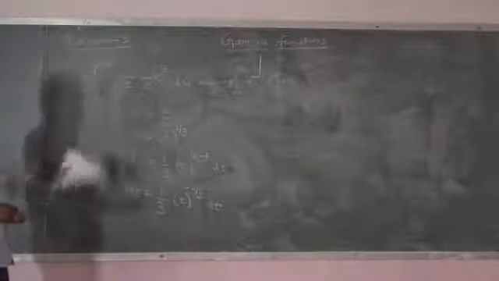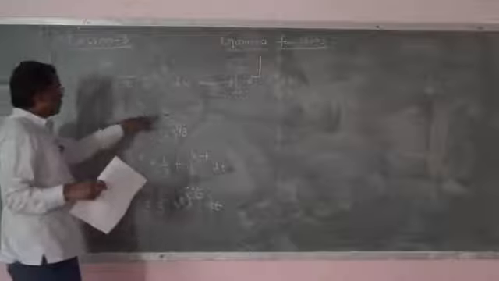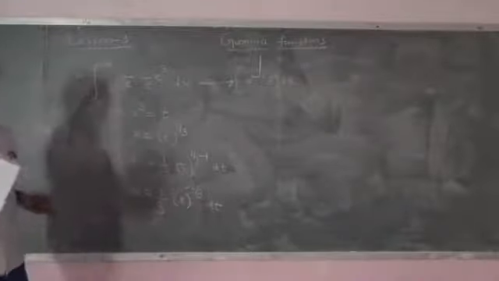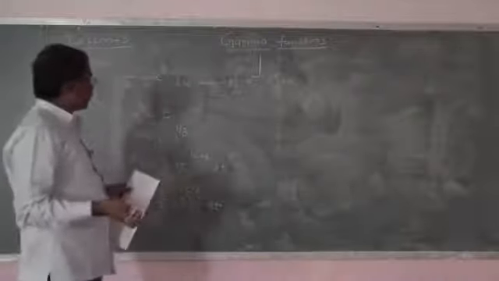And here the limits remain same, because when x equal to 0, t is also 0. When x equal to infinity, t is also infinity. Limits are not going to change.